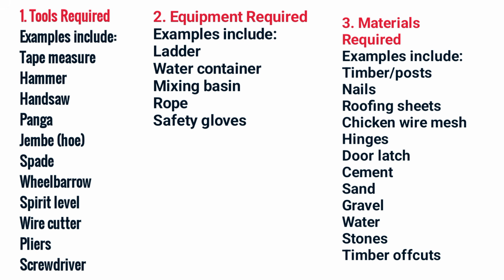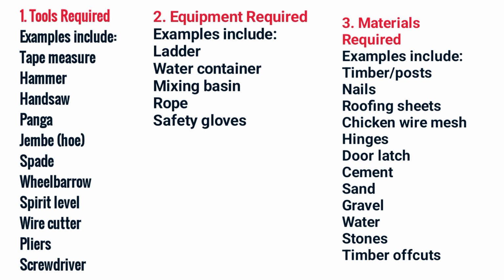Remember, you don't collect all the tools, equipment, and materials. You assemble those that you need to use in your project according to the type of poultry you want to keep or rear. So take note of that.